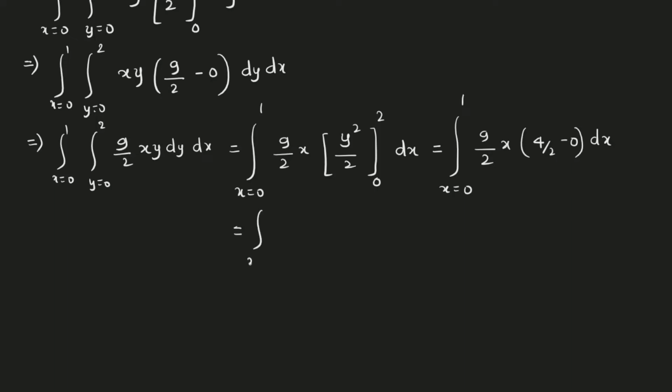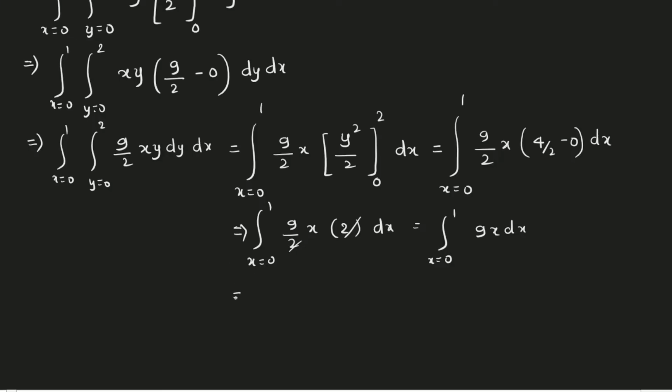We write one more step: x equal to 0 to 1, 9 by 2 x, and for your convenience I am writing it in detail, 2 into dx. So the 2 cancels, and you will be left with only x varies from 0 to 1, 9x dx. Now integrate with respect to x. 9 is a constant, then x square by 2, upper and lower limits are 0 to 1.